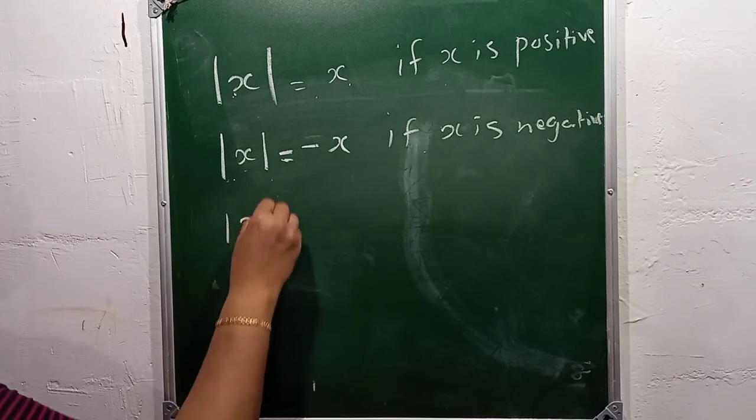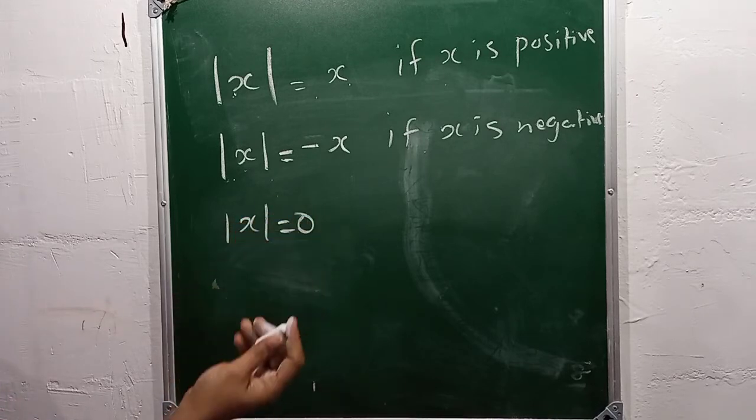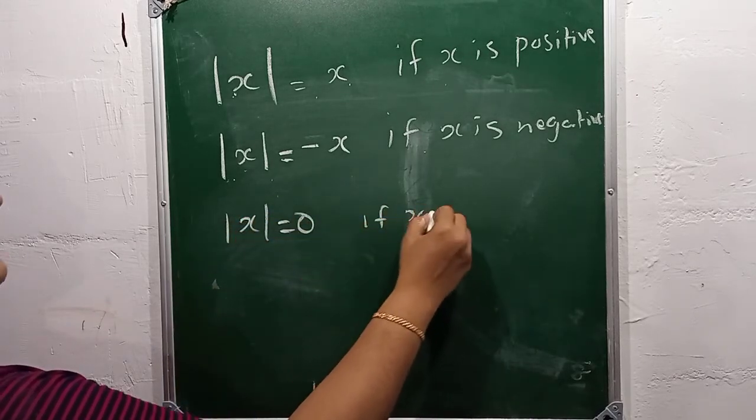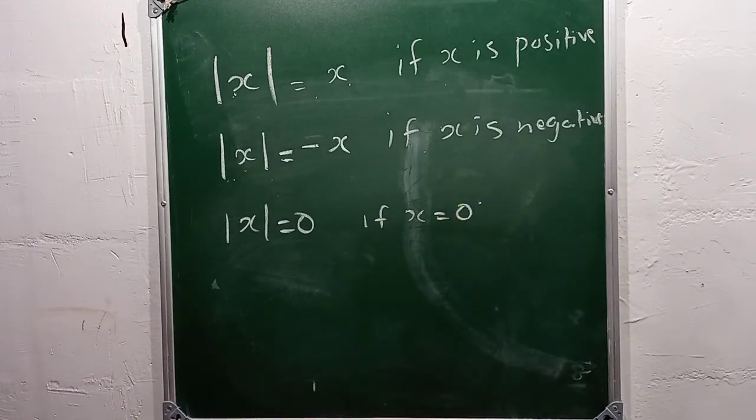And modulus of x is equal to 0 when x is equal to 0. Okay, so this is the definition of absolute value of a number. That is, absolute value of x is equal to x if x is positive, equal to negative x if x is negative, and equal to 0 only when x is 0.